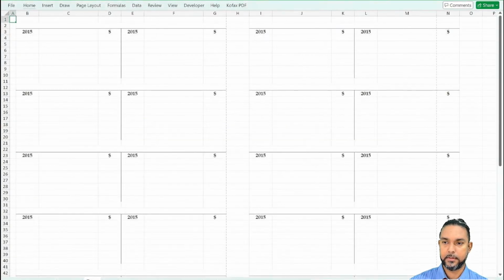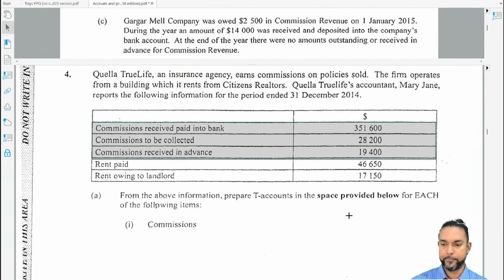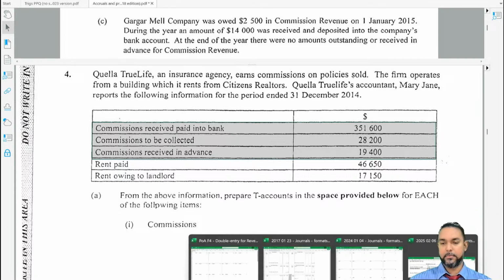Go back up. This item here. Right, do that. I don't know if you get to do the others, but good.